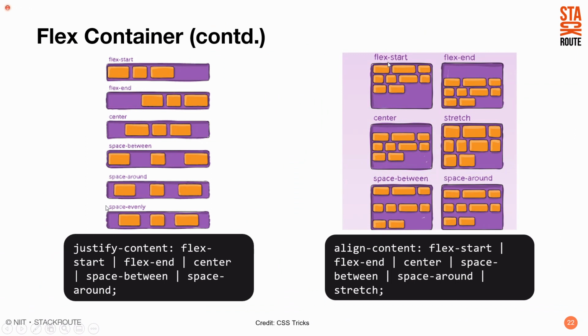Either all your content should start from the top or from the end, center in your alignment, whether it has been stretched and fitted to all your page, space between, equivalent space, space around top and bottom.